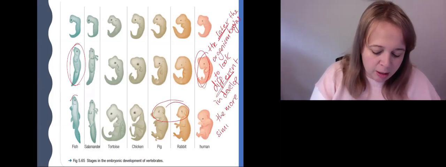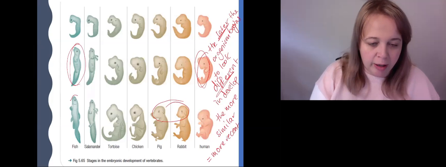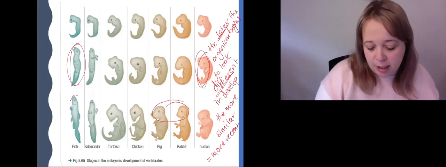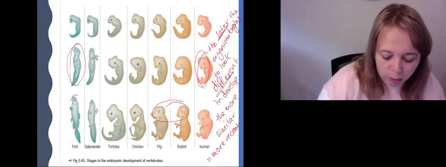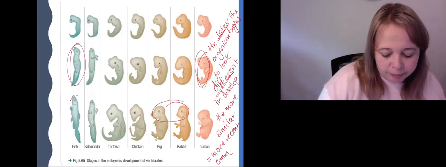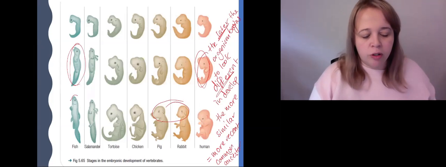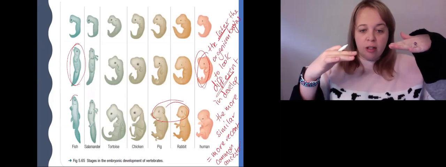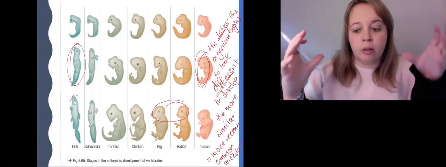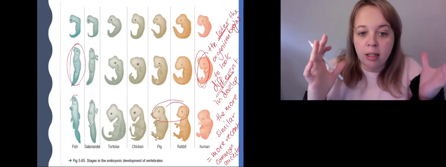So the more similar, and that means they have a more recent common ancestor, and this comes down to the one phrase that I'm not going to let go in the next set of videos: more recent common ancestor. So this is what we call comparative embryology, looking at different embryos.